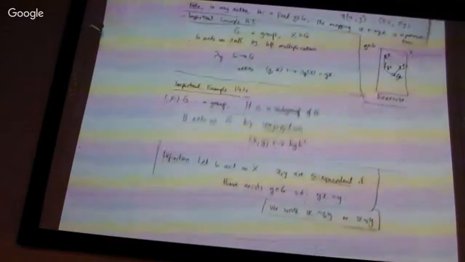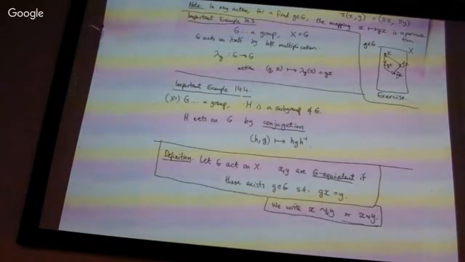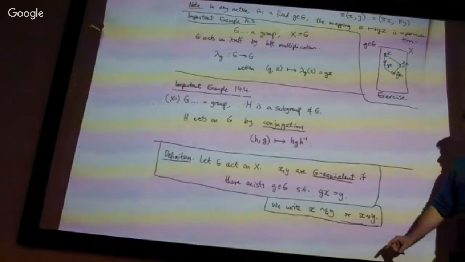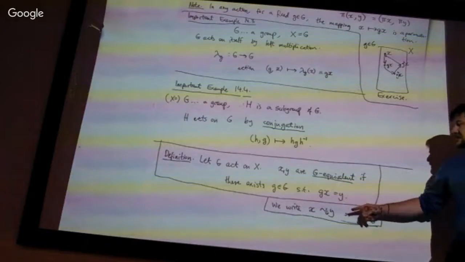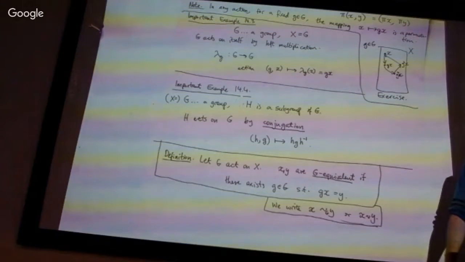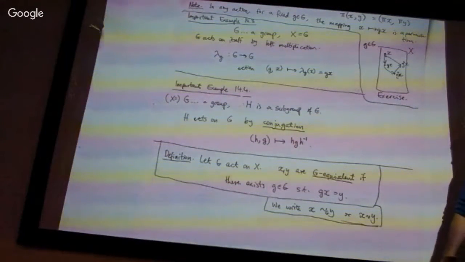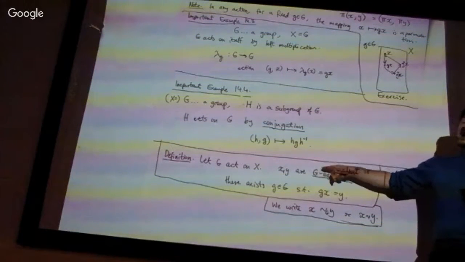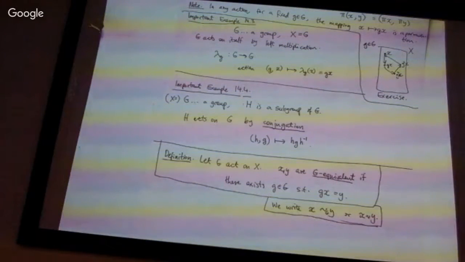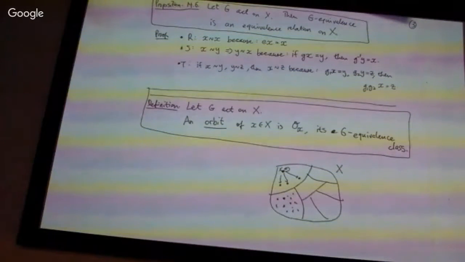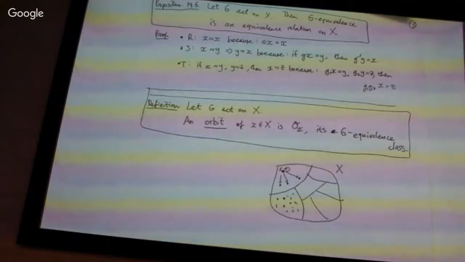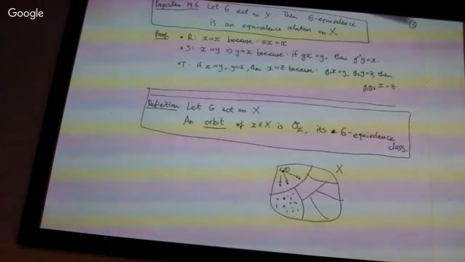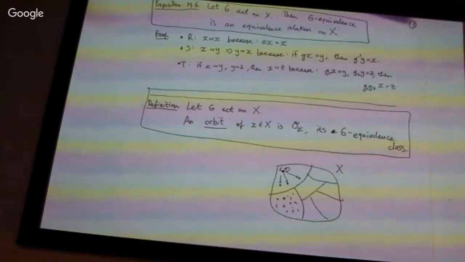Okay, then we said that if there is something that moves x to y, we say that x and y are G equivalent. We should really not be saying just G equivalent, but G and that action equivalent. But this is what is used. And we said that calling it equivalent is justified because it really is an equivalence relation.